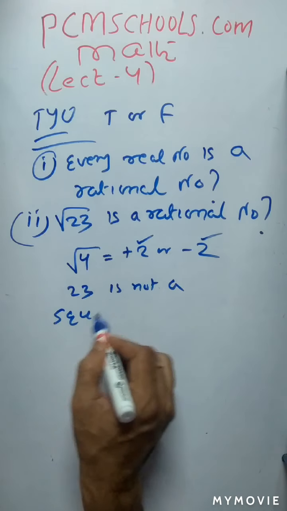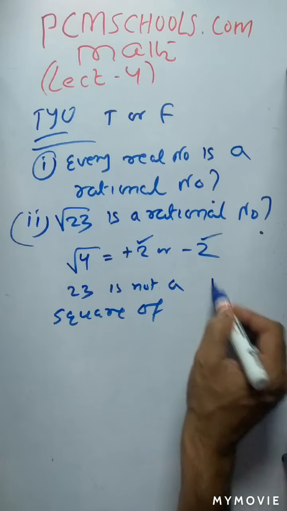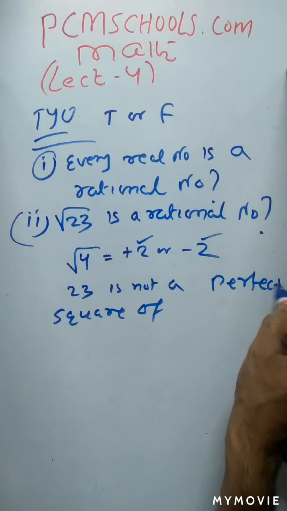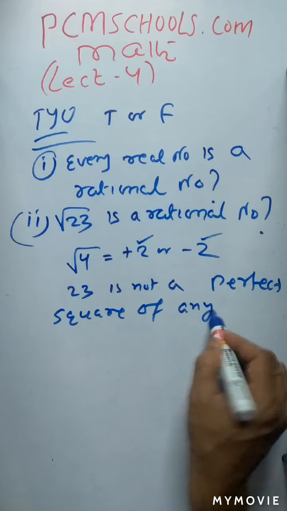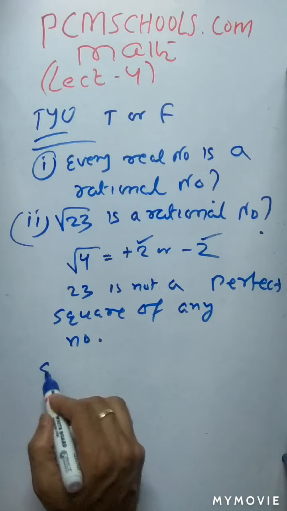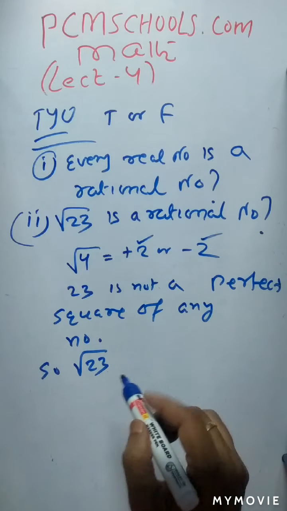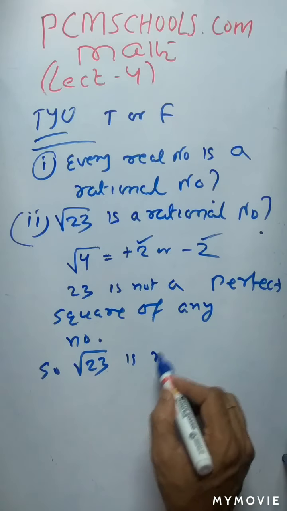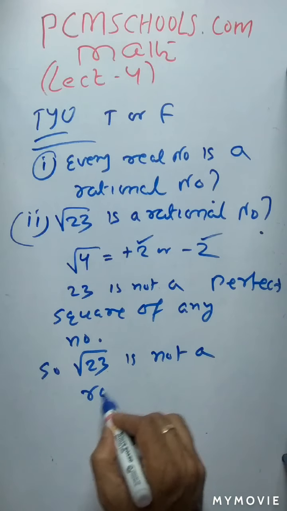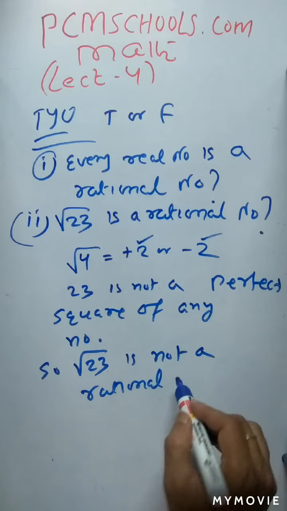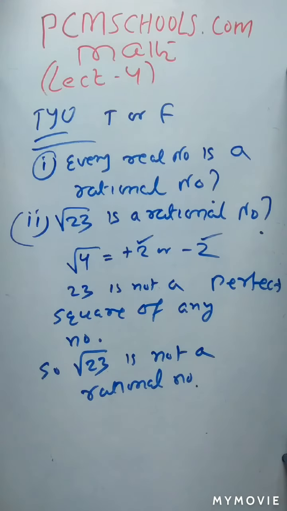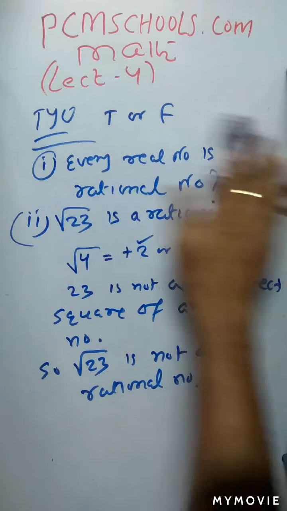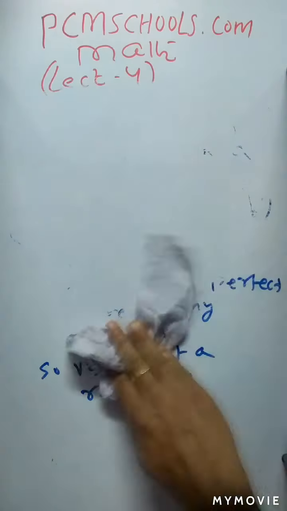But here 23 is not a perfect square of any number. So the square root of 23 is not a rational number. So I answered this.